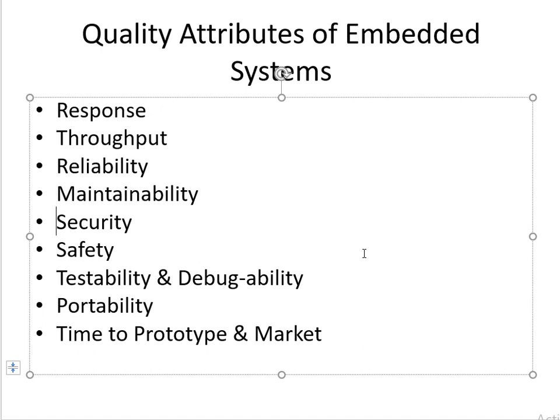Okay, the other parameter is security. Confidentiality, integrity, and availability are the three major measures of information security.